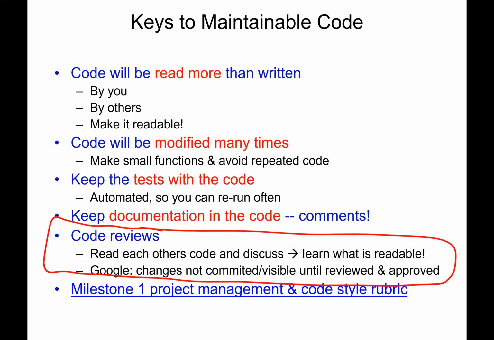At Google, which has a lot of best-in-class coding practices, the code you submit to the revision control system is actually not fully committed, not visible to others until it's reviewed by an expert in the system you're working in, who says it fits the philosophy of the system and it is expected to function well, and read by a style expert for that language, who says, yes, this is good use of C++, it's well commented, it's well structured, I like it. Only once it passes those two reviews does it actually make it in and be seen by other people.